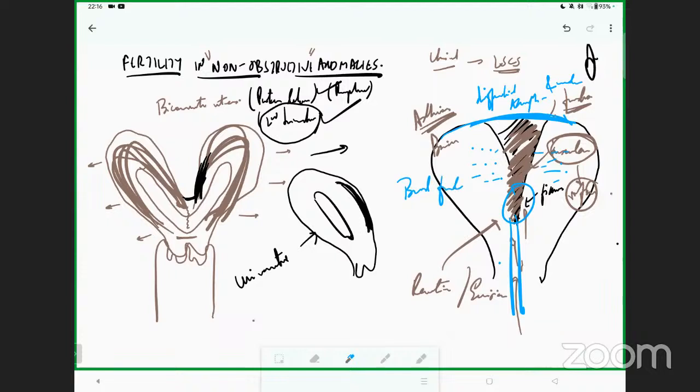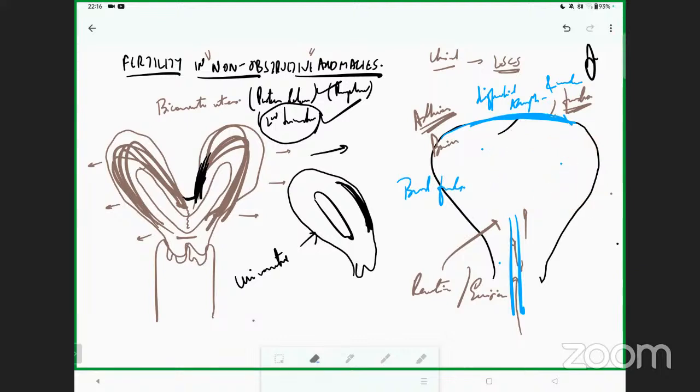All right, and the least and the most common which we see is where everything has got absorbed. Actually, everything became beautiful only inside. Only a small part did not, and that gives rise to the formation of something called an arcuate uterus. Okay, where only a small thing, which some people may call a partial septum or something like that, remains. Rest everything is completely done.